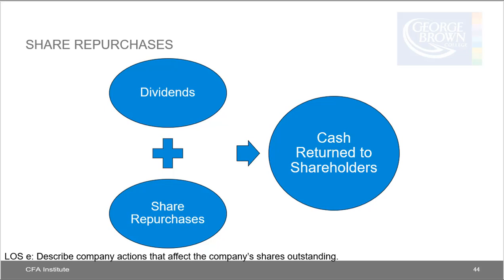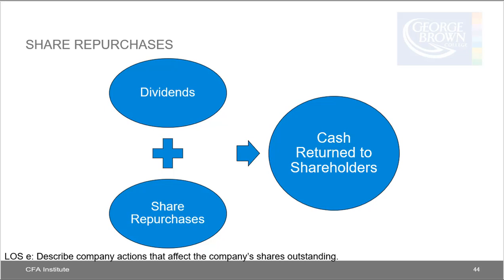Cash goes down, so assets go down, and equity is going to go down, retained earnings is going to go down, because assets have to equal liabilities plus equity. However, a company's cash may also go out by buying shares. Again, it's going to have the same result: a decrease in cash, a decrease in assets, and a decrease in equity, because the shares are being repurchased by the company. That's called treasury stock.